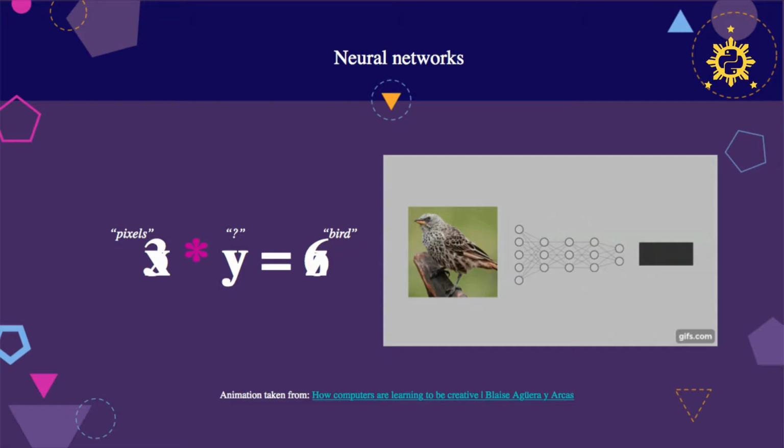The times here, I've highlighted it, is not really your typical multiplication operator. It's a much more complicated operation that the neural network performs on y to be able to classify whether or not the x, the pixels that it sees, is a bird.